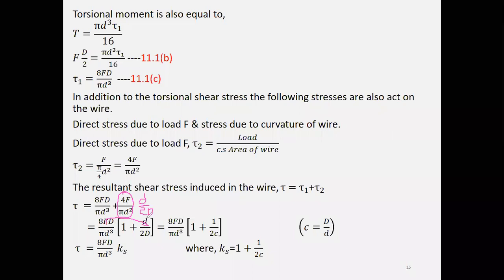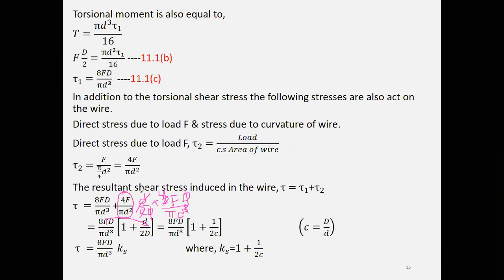If you take this inside, it will be multiplied: 8FD divided by pi d cube. In this you can see that d will get cancelled. This is cube, so the remaining is d square. This capital D will get cancelled. 2 ones are 2, 4s are 4. The remaining is 4F divided by pi d square, so you will get the original equation.